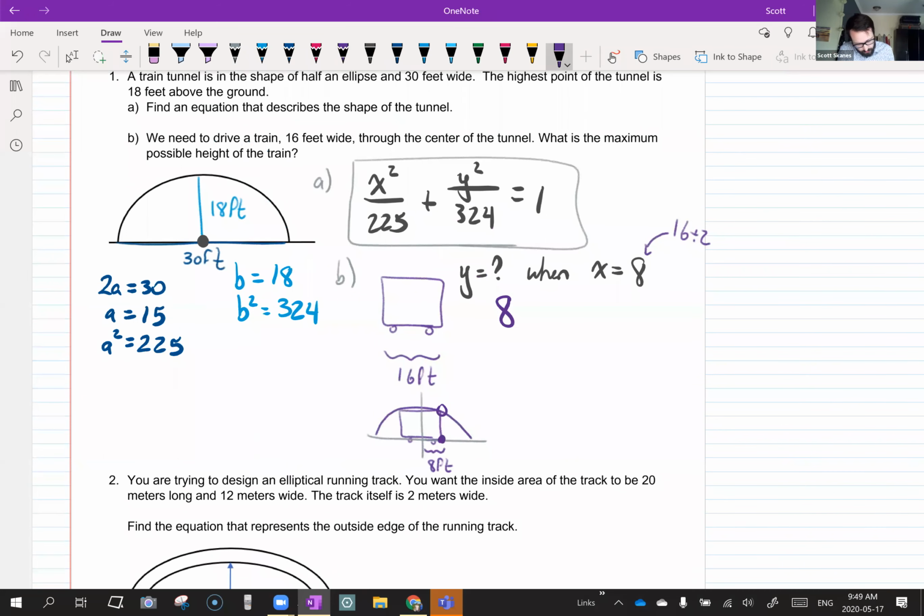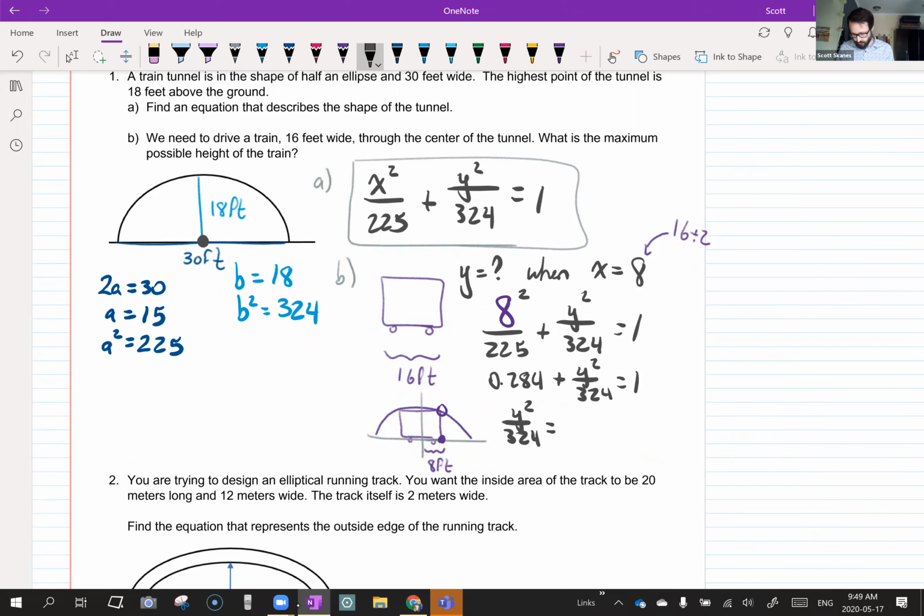It's 8 squared divided by 225 plus y squared over 324 equals 1. Okay, 8 squared divided by 225 is 0.284, plus y squared over 324 equals 1. That means y squared equals 324 times 1 minus that, which is 0.716 or so.